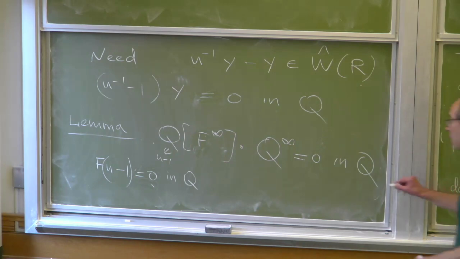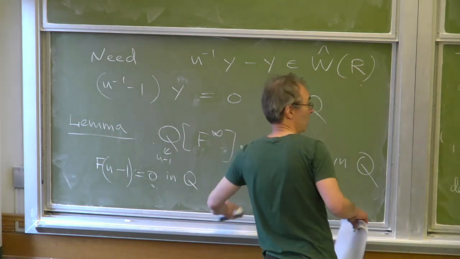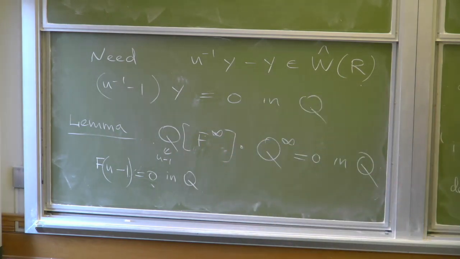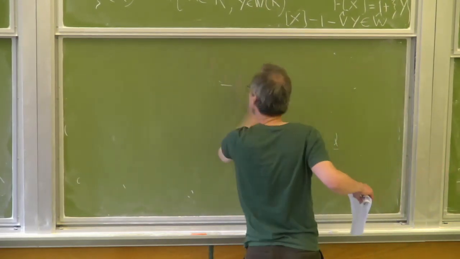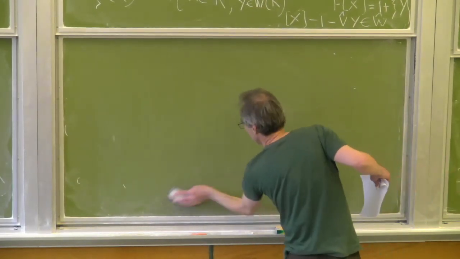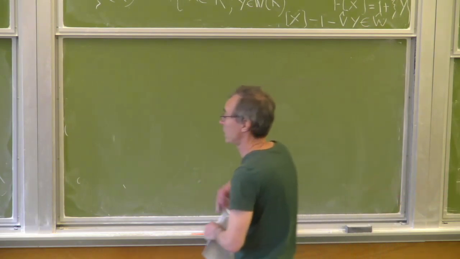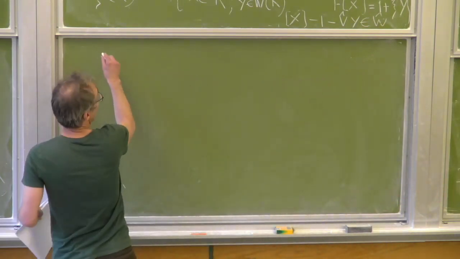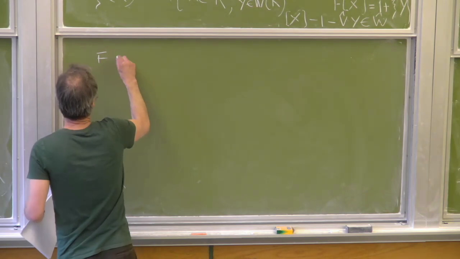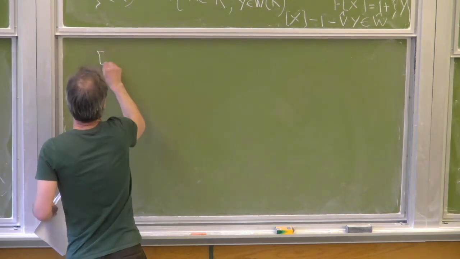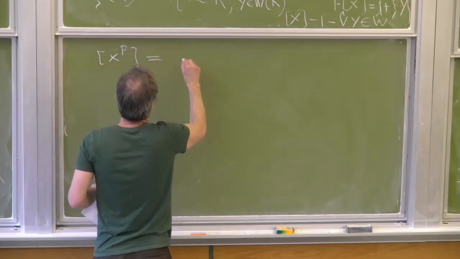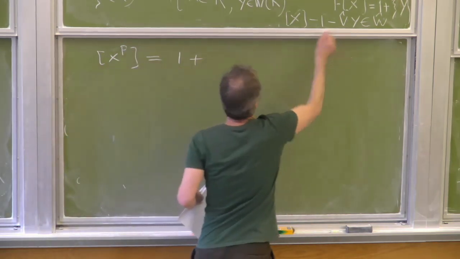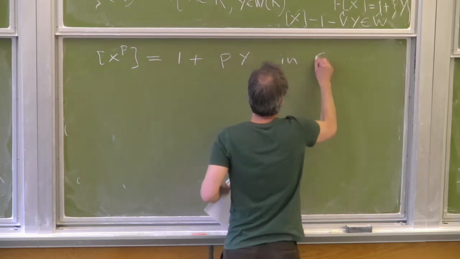So we have that F of X, the p-th power of X, is equal to 1 plus p Y in Q, right?